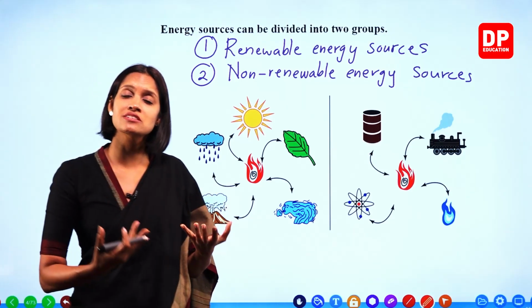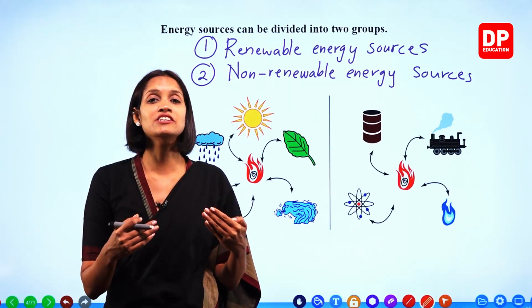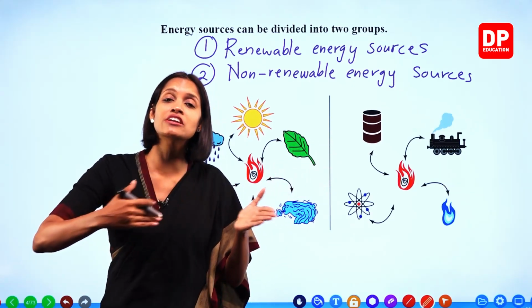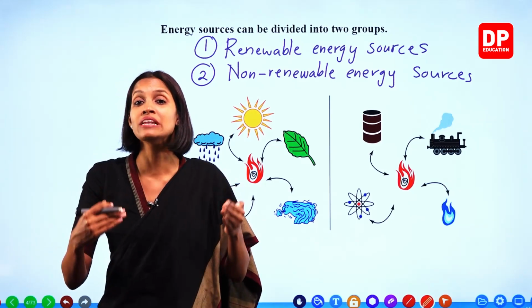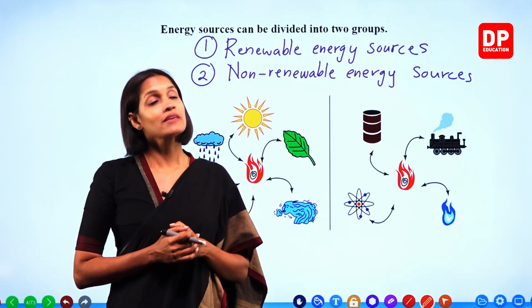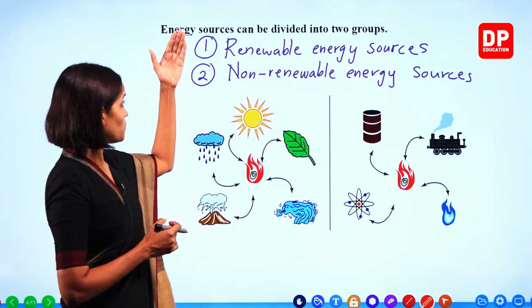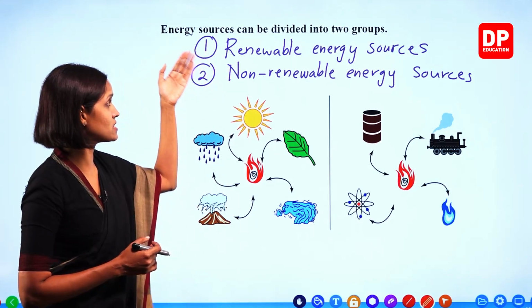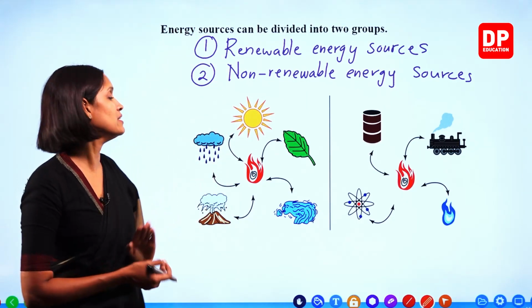After using the present amount of energy sources, it will not reproduce again, or it will take a very, very long period of time, like millions of years to reproduce again.